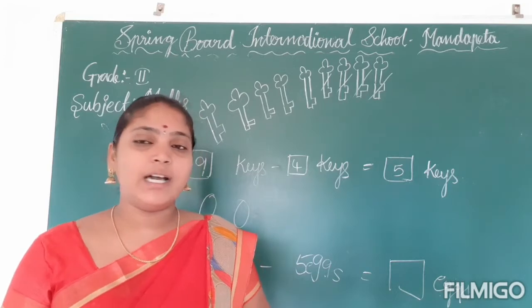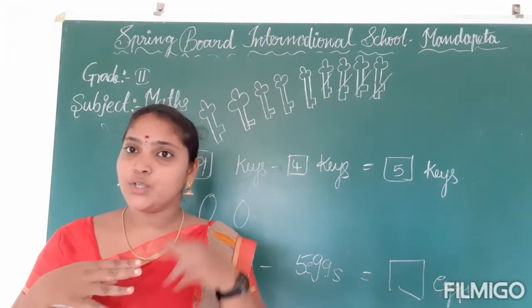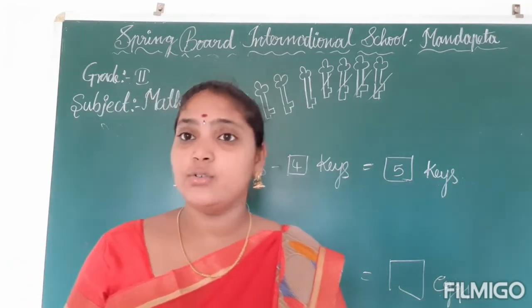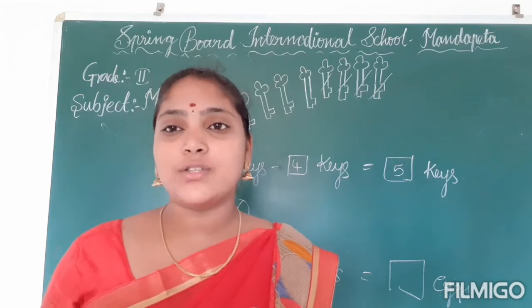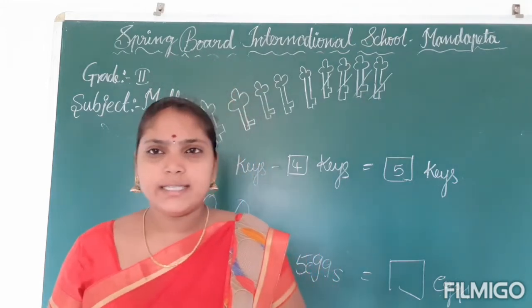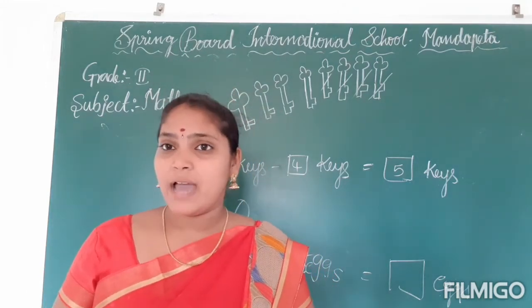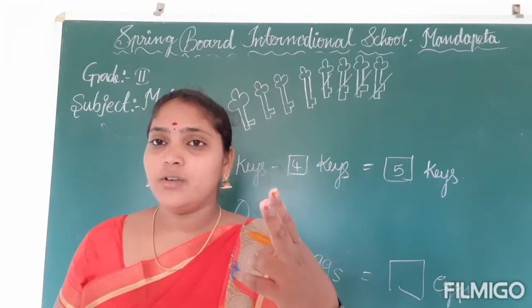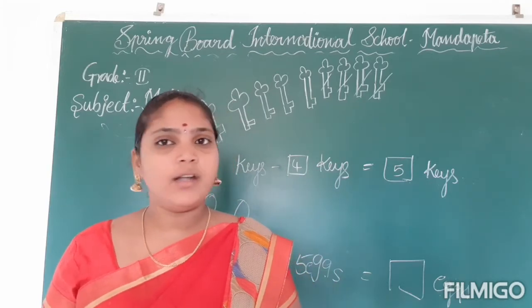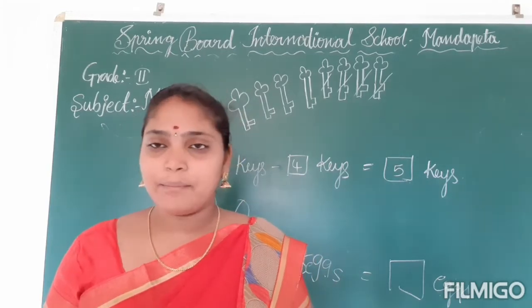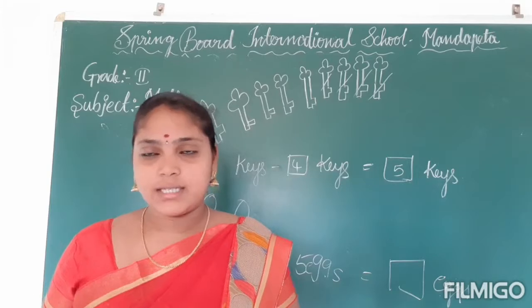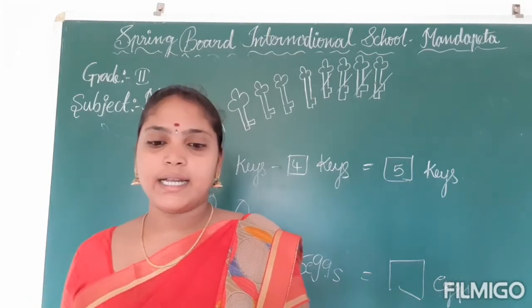Further, for example, I am having 2 chocolates and my friend asks me to give 3 chocolates. Is it possible, children? I am having only 2 chocolates. Can I give 3 chocolates to my friend? No. So we can subtract a number from the same number or a greater number.